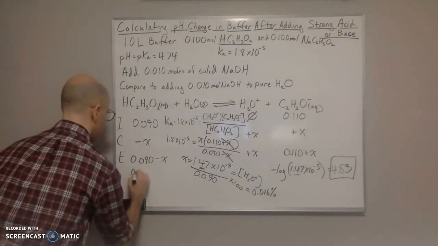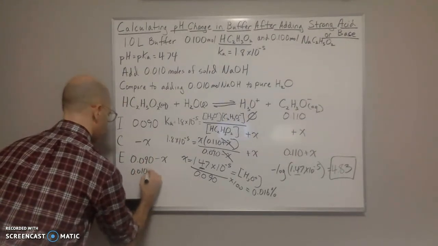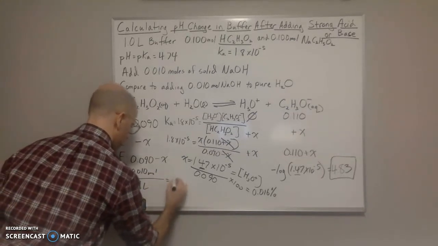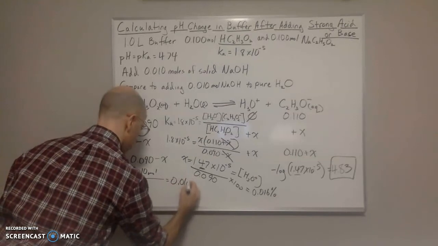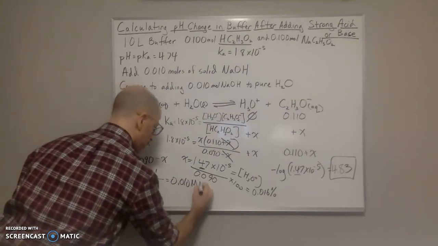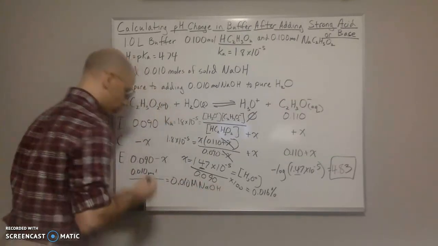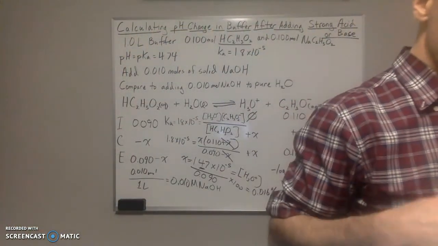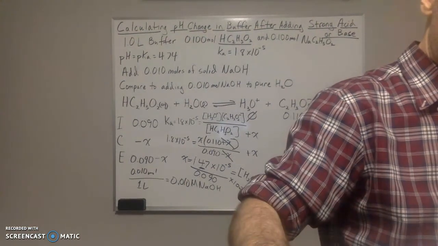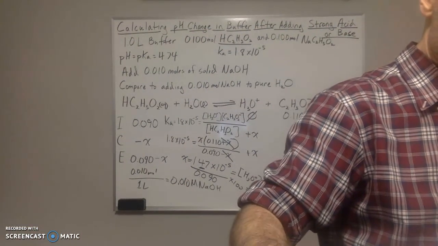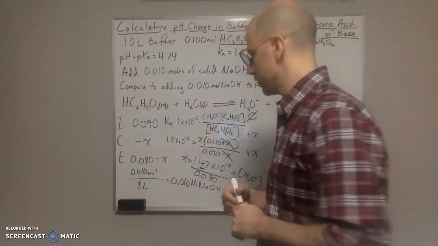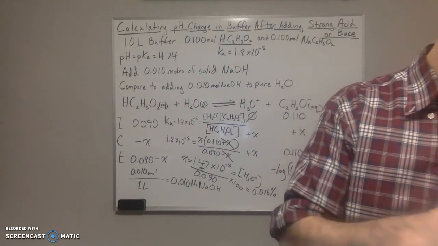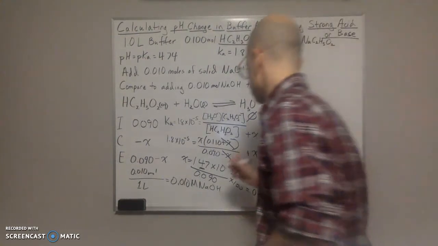So you do 0.010 moles in 1 liter of water and you get 0.010 molar NaOH solution, and you would plug that into your equation, take the negative log of that, right? So if you take the negative log of this, you'd get a pOH of 2, right?